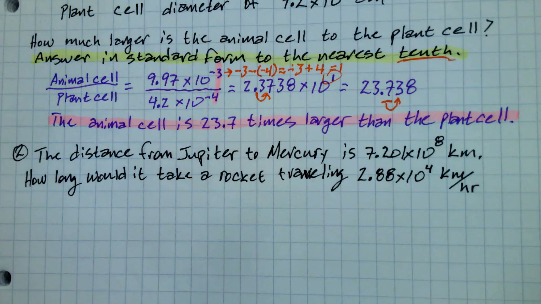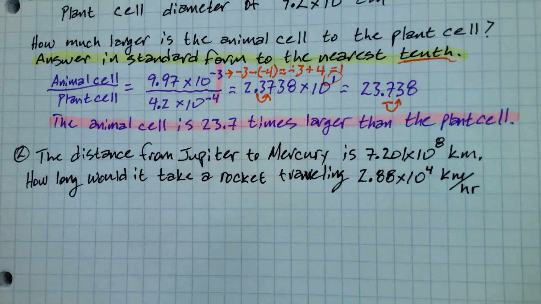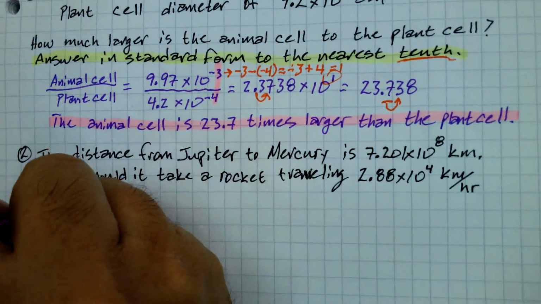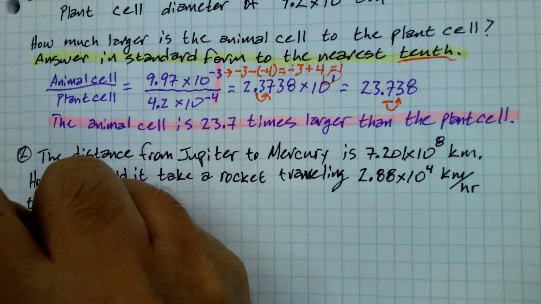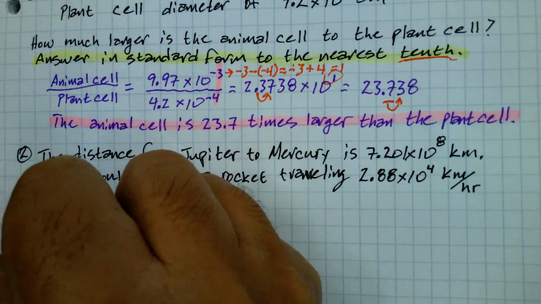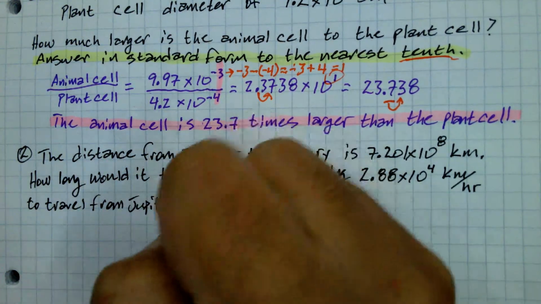So how long would it take a rocket traveling 2.88 times 10 to the fourth kilometers per hour to travel from Jupiter to Mercury?